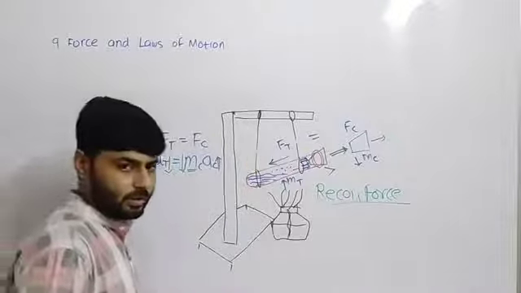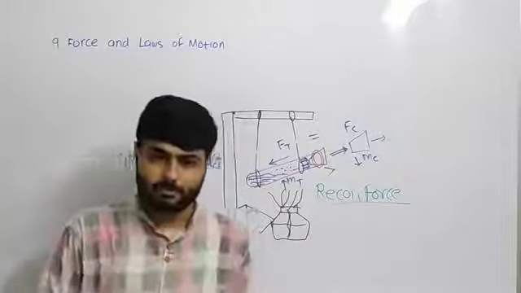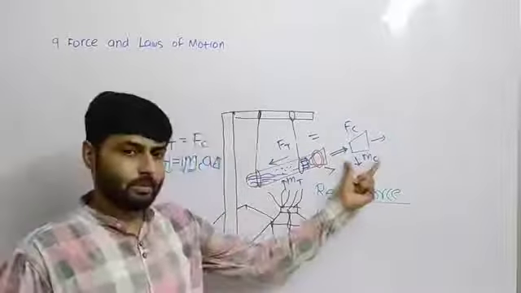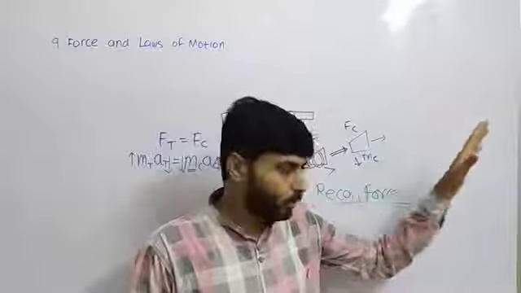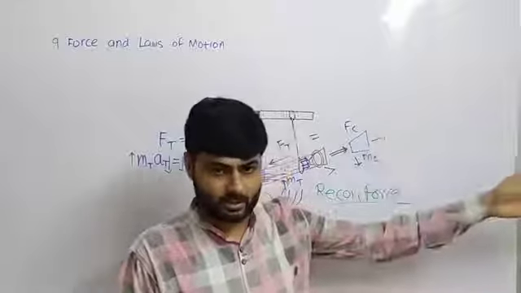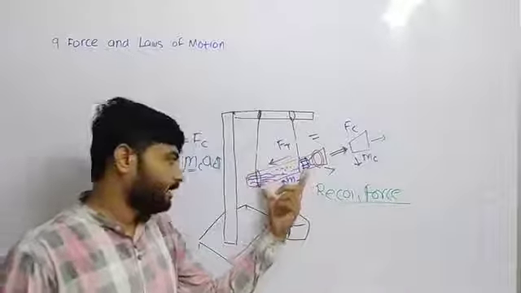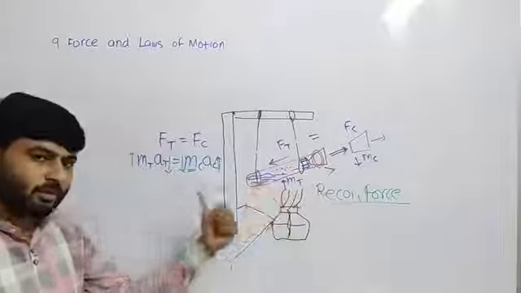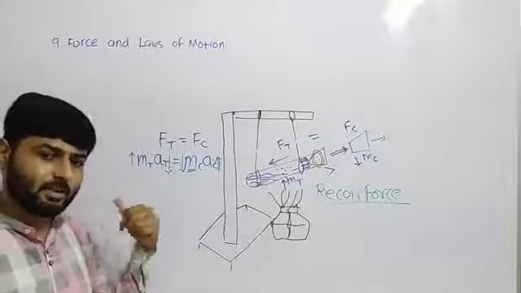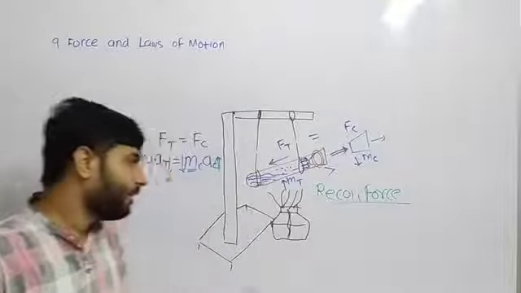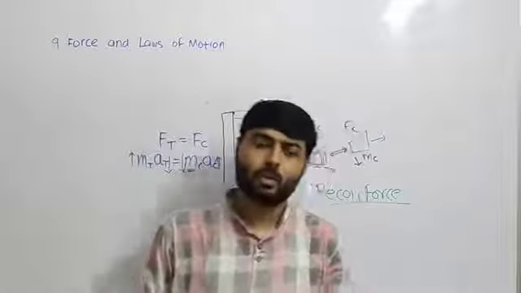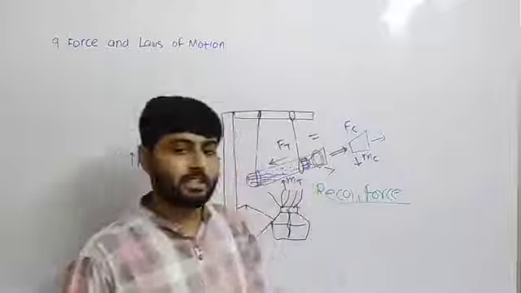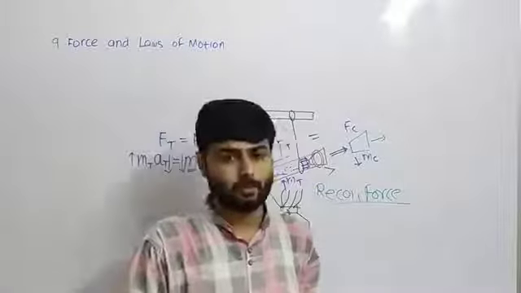Of course not. You can think about that. Suppose this cork goes further 2 meters in this left direction. Do you think this test tube will also go 2 meters backward in this direction? No, it will not. Why? Because the test tube has greater mass, so the acceleration of this test tube will be low.